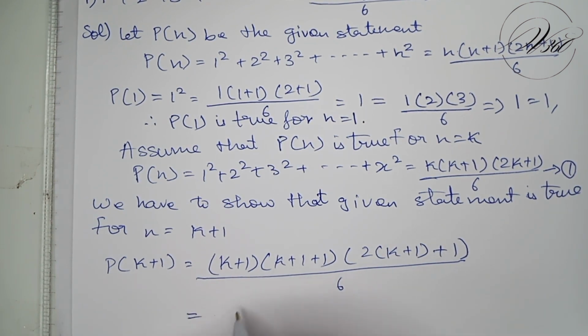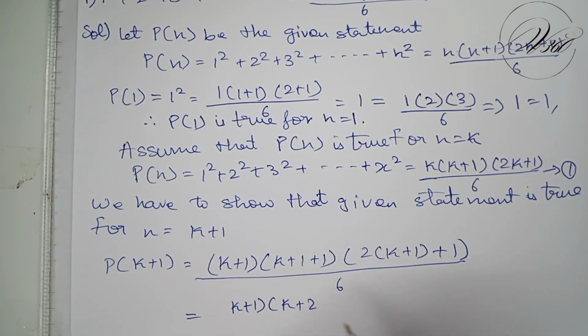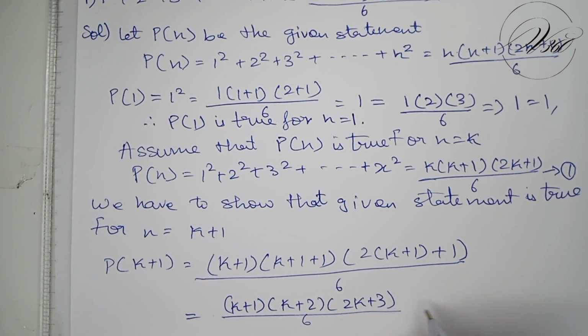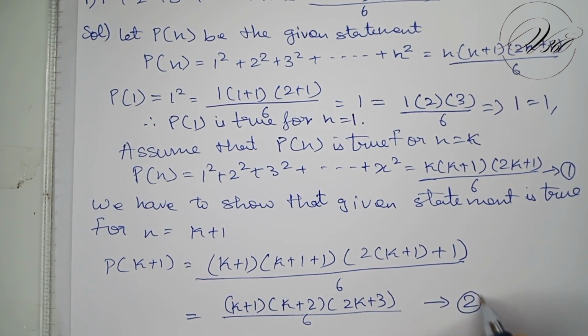Now here we will get k plus 1 of k plus 2 of 2k plus 3 by 6 is the second equation.